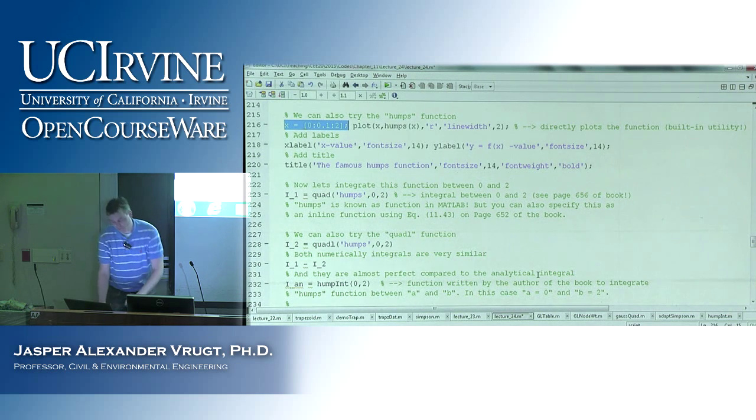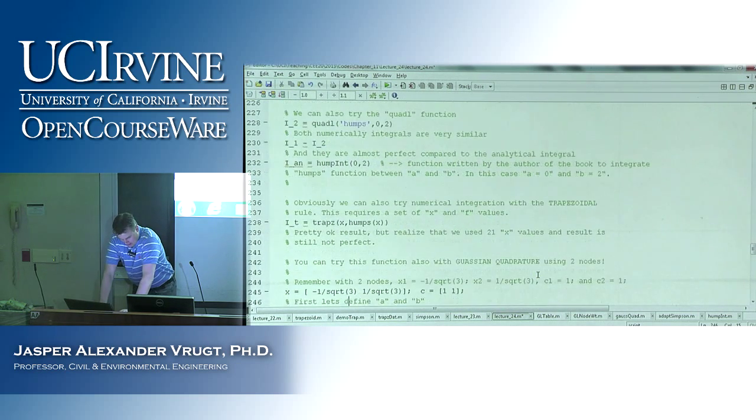So these quad functions are really easy to execute, because you don't need to specify which x values you use, you just specify the lower and the upper bound. Here I just execute the trapezoidal rule where I specify x values, and humps x will give the corresponding function values.